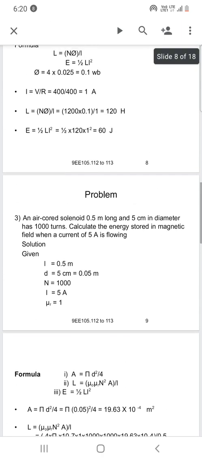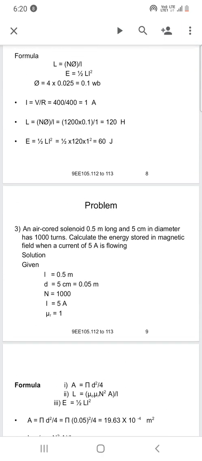Then the inductance of the shunt motor is equal to 120 Henry.